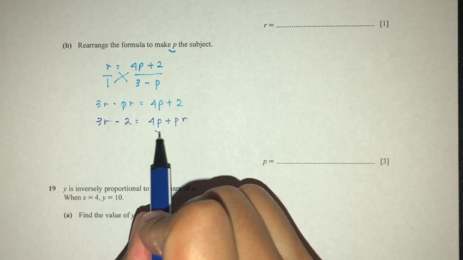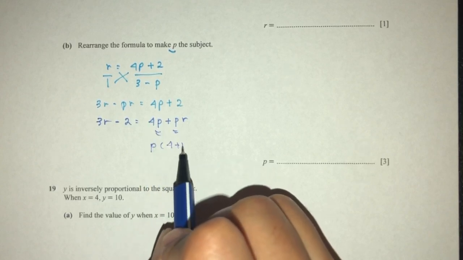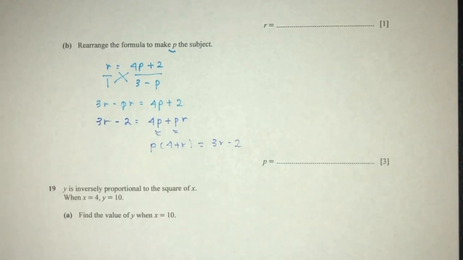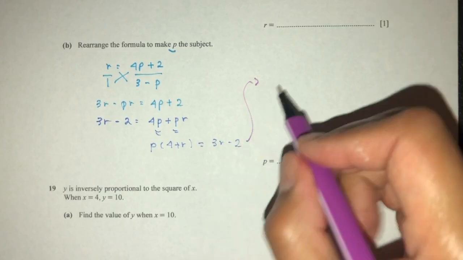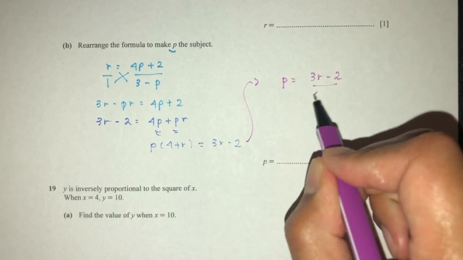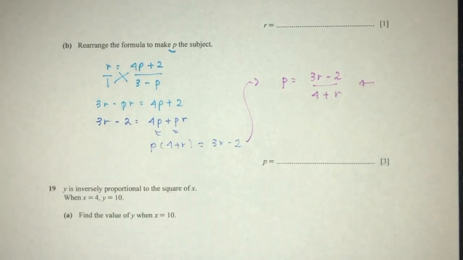Now we can factorize the p outside, so p will be here, remaining will be 4 plus r, is equal to 3r minus 2. Obviously p will be 3r minus 2 divided by 4 plus r. That will be part B of your question.